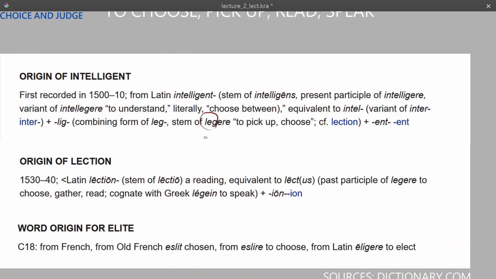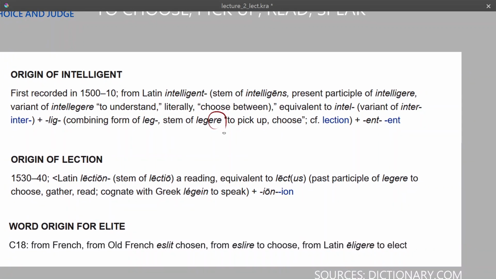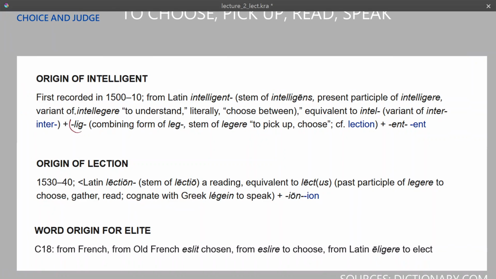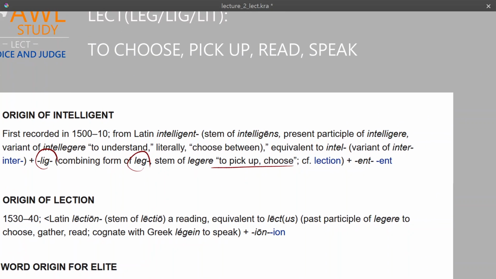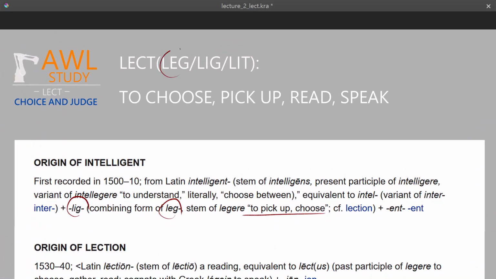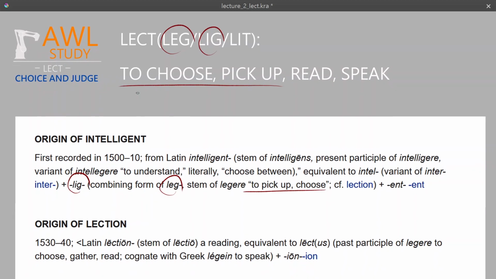The first one is the root leg, and the second is the verb suffix. And the root leg means to choose or to pick up something. So leg means to choose or to pick up.